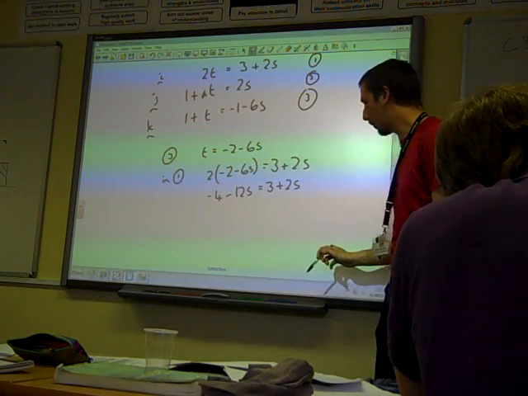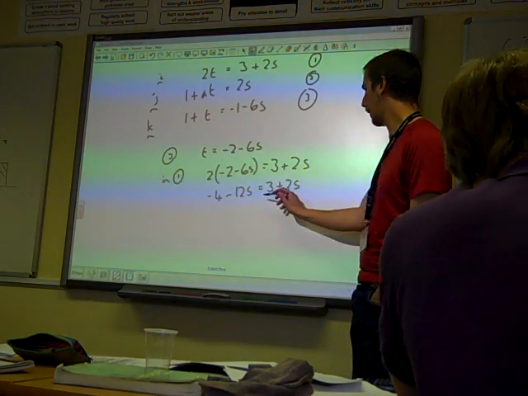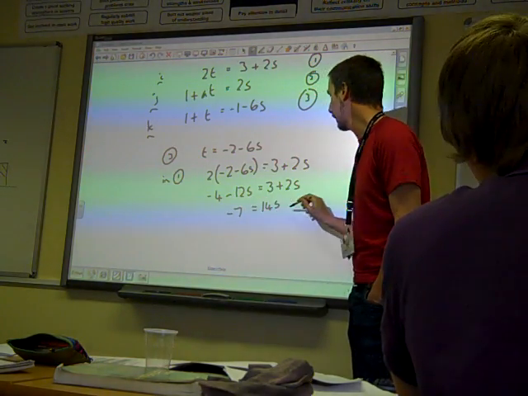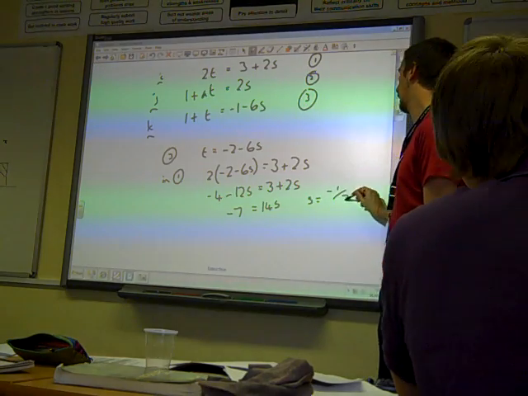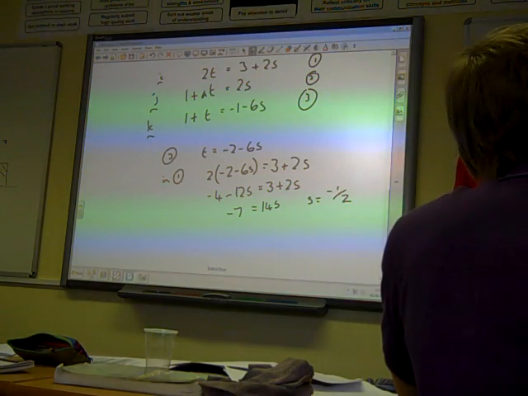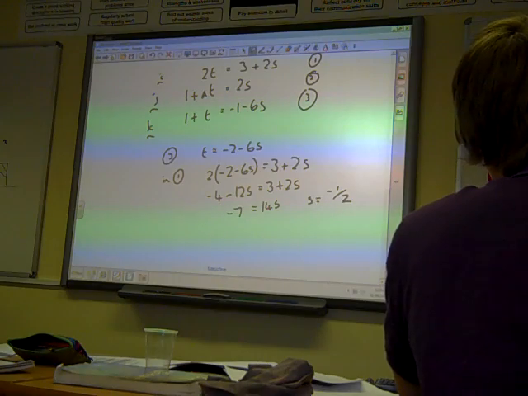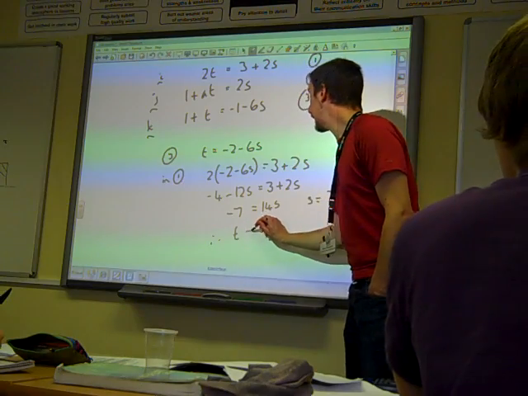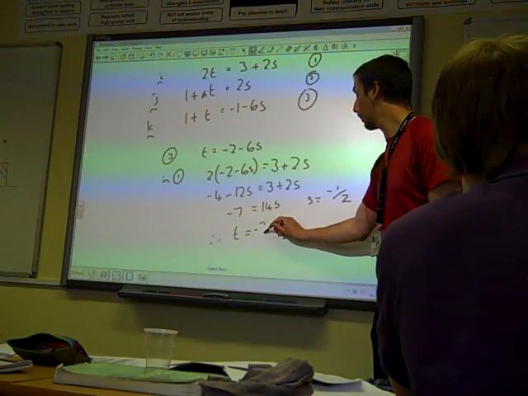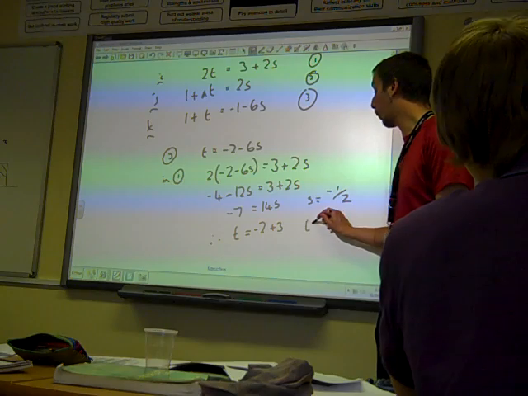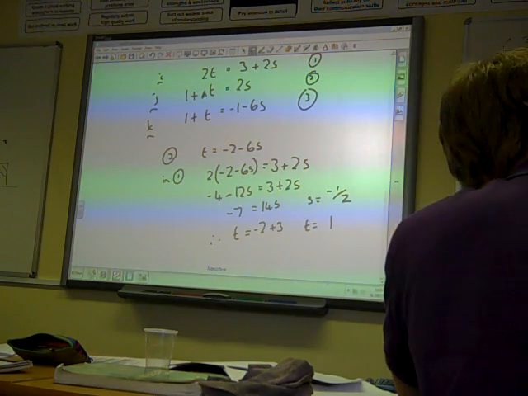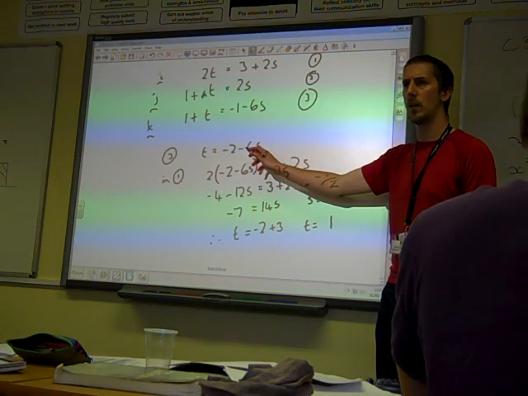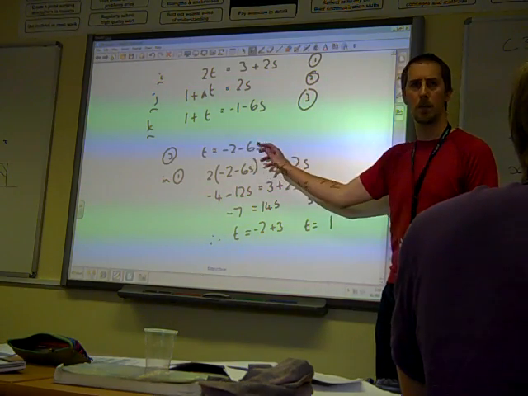Have I done this right? Oh yeah, it's okay. I've got 14s = -7, so s is negative half. Which means that t is -2 + 3, so t is 1. If I put minus a half into that, I've got -2, and 6 times minus a half makes it plus 3.